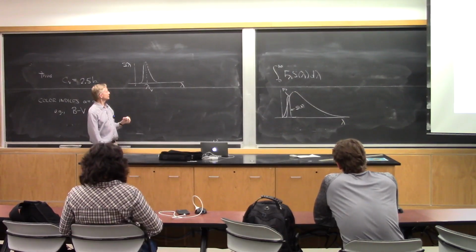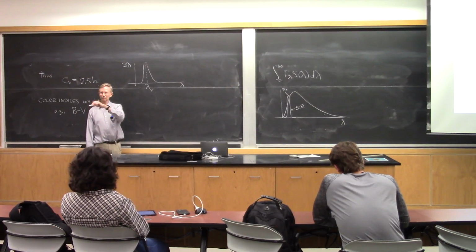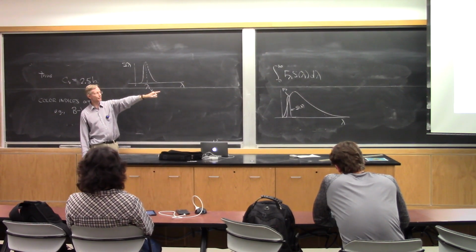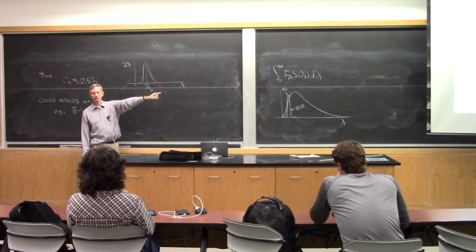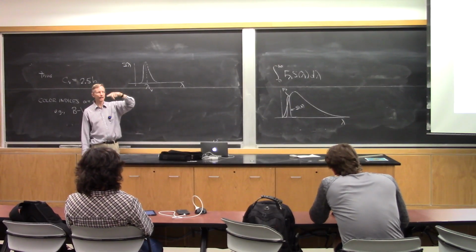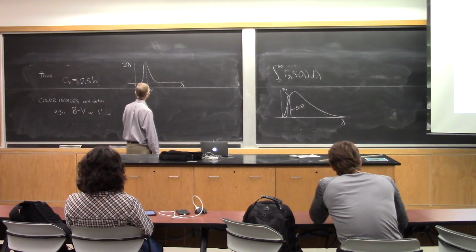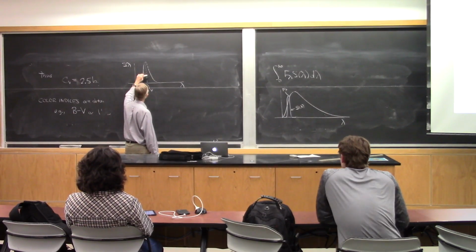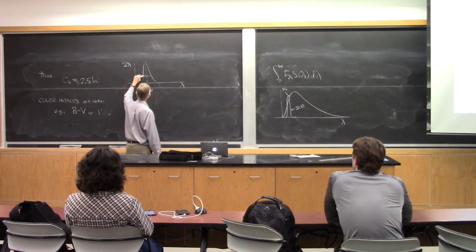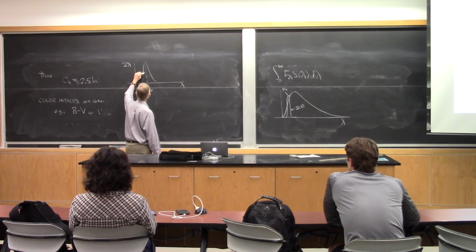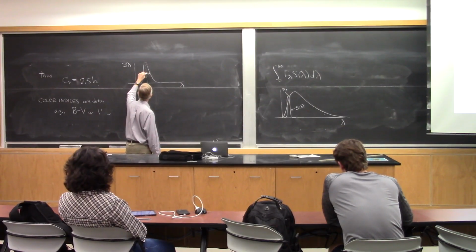And then the other thing you do is say, I don't want to integrate that, icky. There's no simple analytic function to write down for those transmission curves. It's measured, so you'd have to do a numerical integration. So you say, okay, there's also a measure of the width of the filter transmission curve, the full width at half maximum.